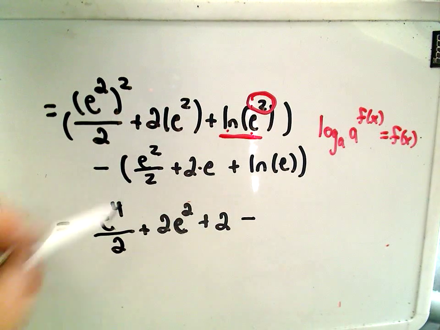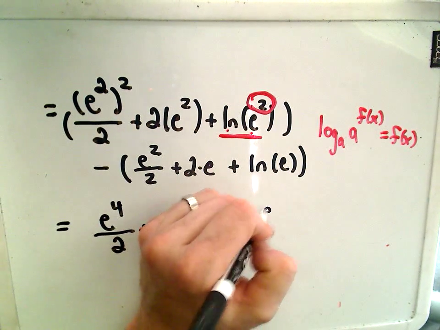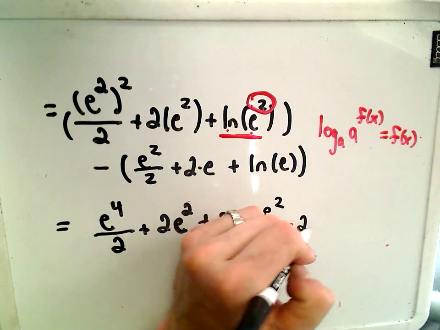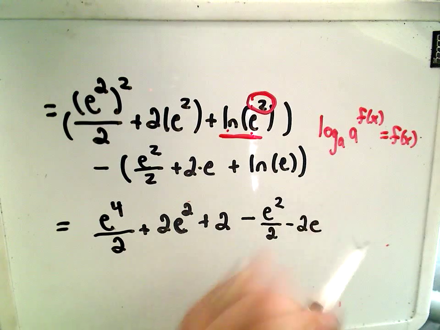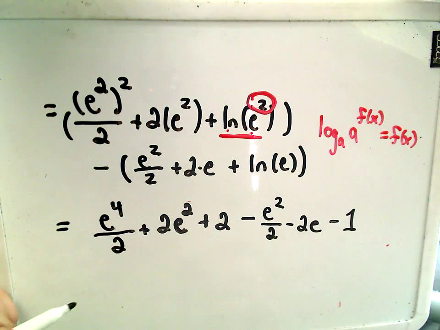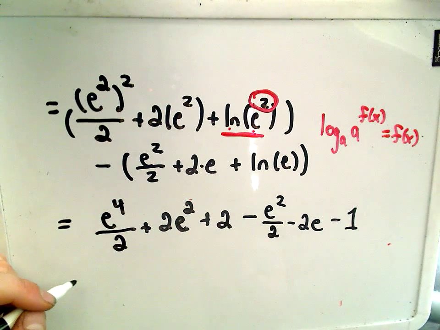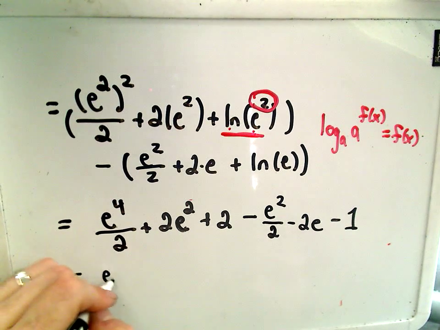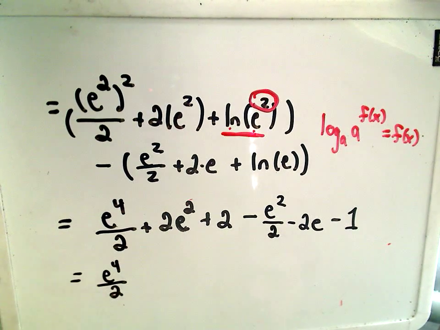Minus, we have to subtract away the lower limit, so we'll get e squared over 2. We'll get a minus 2e, and then we're going to get a minus 1, since the natural logarithm of e is just 1. So let's clean this up a little bit, a little tedious it looks like to me. We've only got a single e to the 4th, so e to the 4th over 2.